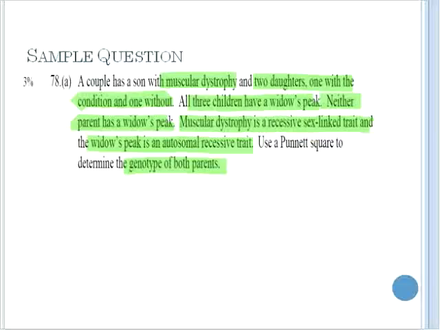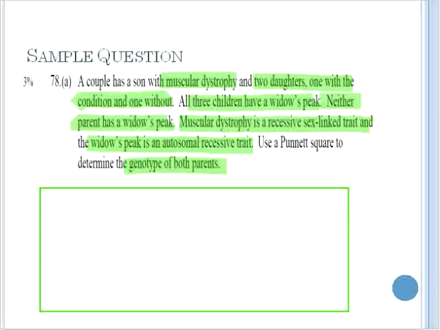So, looking at the traits. Firstly, the children have widow's peak. So if we were to draw out the traits, we'll do a 4x4 Punnett Square here very quickly.